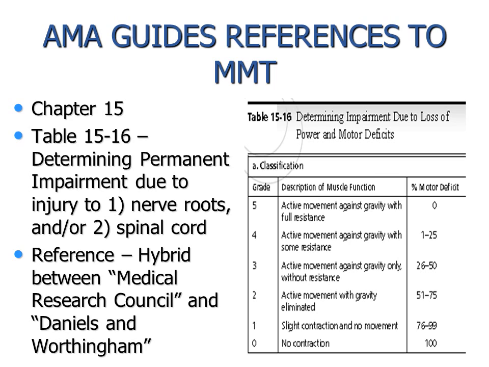If we have an active joint movement against gravity with full resistance, and it's up to you, doctor, to establish what full resistance for that particular joint is, then we grade that as a number 5, full muscle function, and we say that that muscle has a 0% motor deficit. So here we're using both the Kendall scale and also the Medical Research Council scale within Table 15-16 of the AMA Guides.